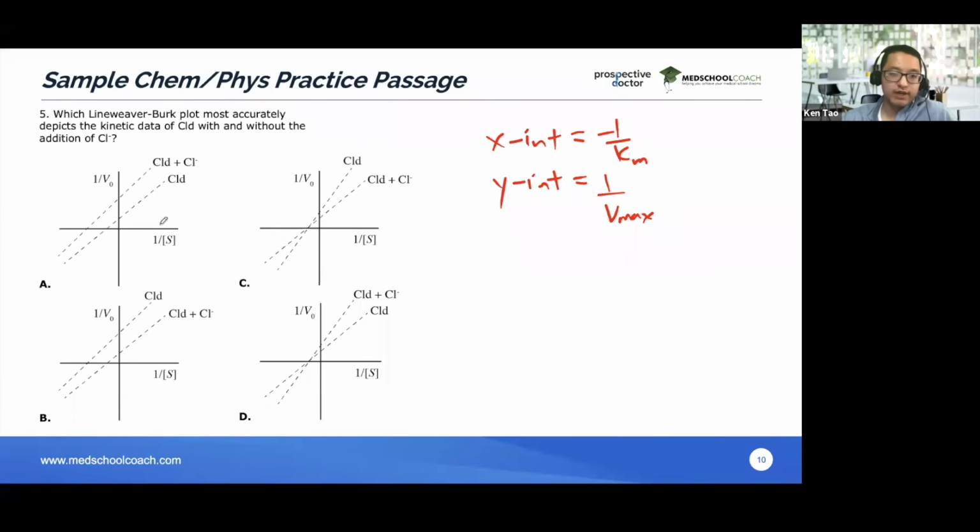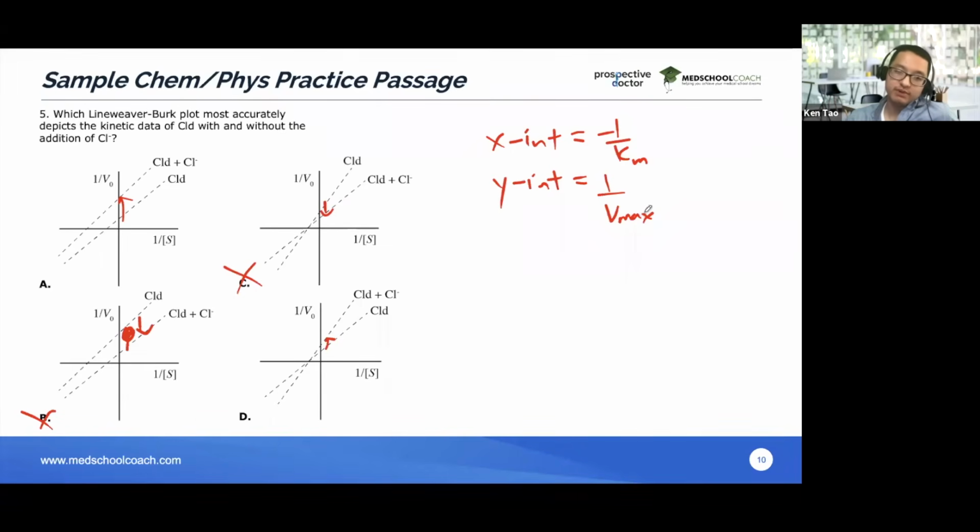So if we want the y-intercept to move up, then we can hold on to A for now, because we can see the y-intercept move up. We can get rid of C because the y-intercept actually moved down. We can get rid of B too, because this y-intercept moved down. And if we look at D, the y-intercept did move up. So we're between A and D.